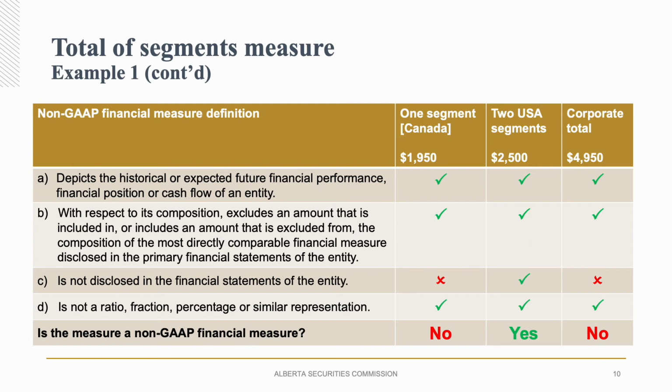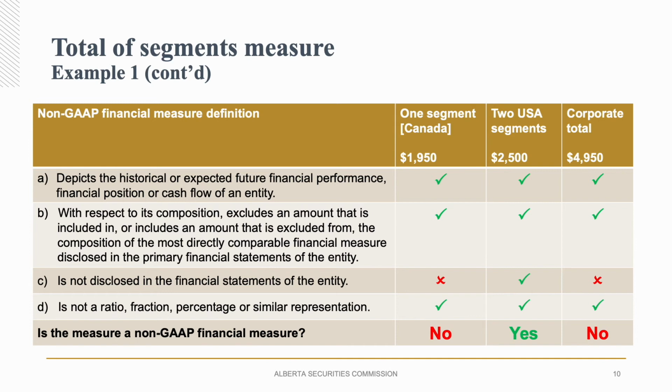The individual segment EBITDA measure of $19.50 does not meet the definition of a non-GAAP financial measure, as this measure has been disclosed in the reportable segment financial statement note. For the total of the two US reportable segments, EBITDA of $2,500, as we just walked through, this measure does not meet the definition of a total of segments measure, as it is not disclosed in the financial statement notes.